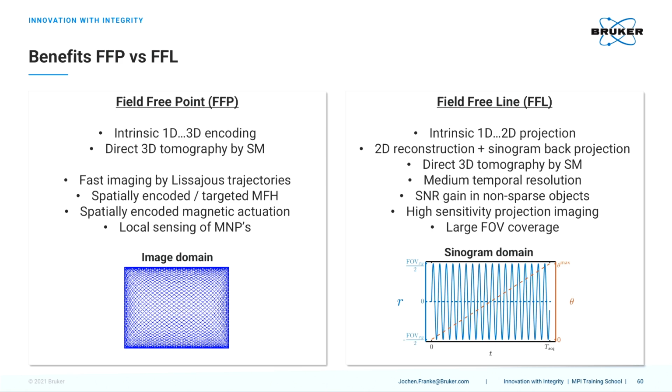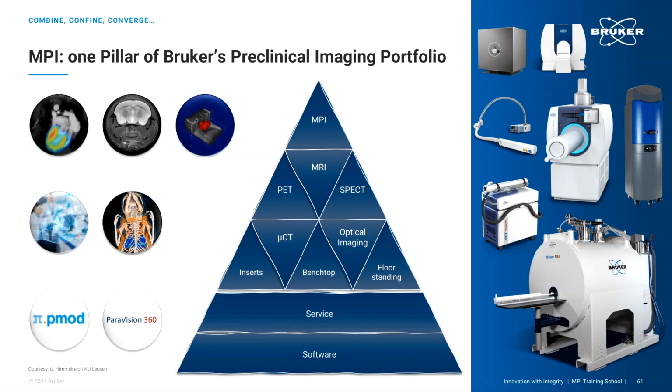All right, so you see I'm quite dedicated about field-free point, I'm quite dedicated about field-free line, and I'm quite dedicated about MPI. That's why it is one of the pillars of Bruker's preclinical imaging portfolio, and we are working hard on providing you with the next generation of MPI system in the near future.